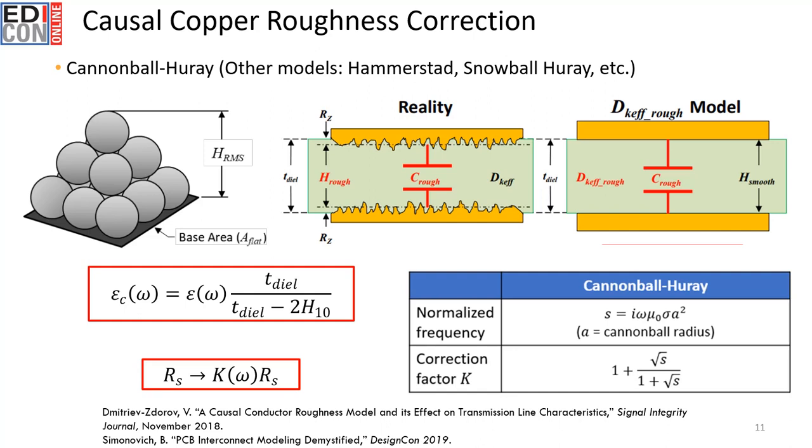More recently, though, I believe it was Schlepnev, he actually started working with tabulated data. So you don't have to use one of these models. You could actually use tabulated data here for K of omega. And you could do the same thing for your rough dielectric constant.